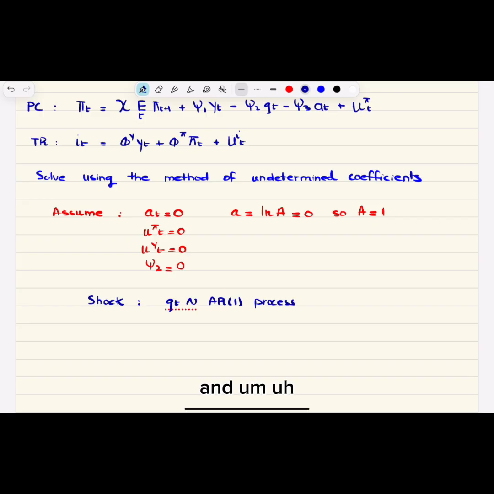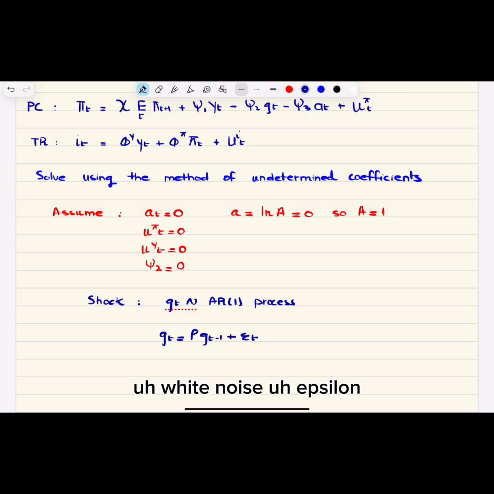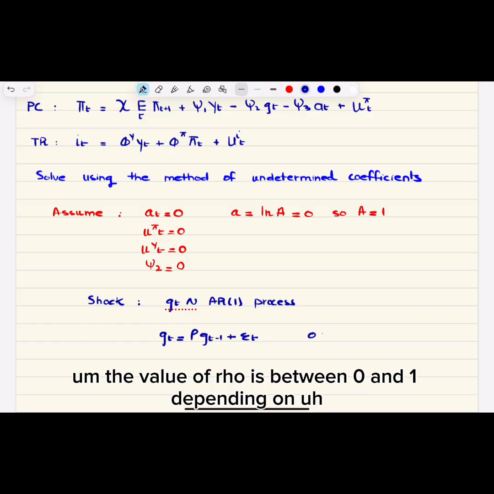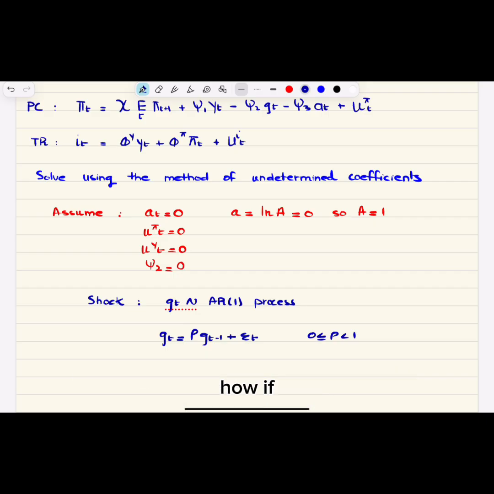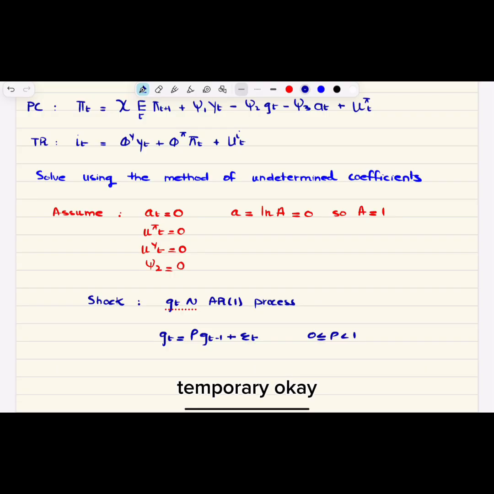G_t would be equal to rho G_t minus 1 plus a white noise epsilon, where the value of rho is between 0 and 1 depending on how impactful the shock is, if it's permanent or if it's temporary.